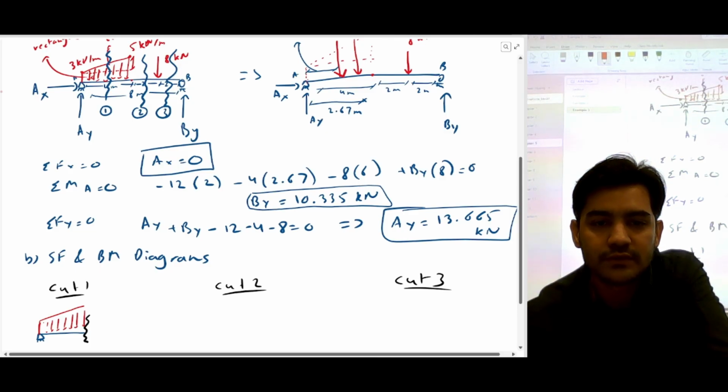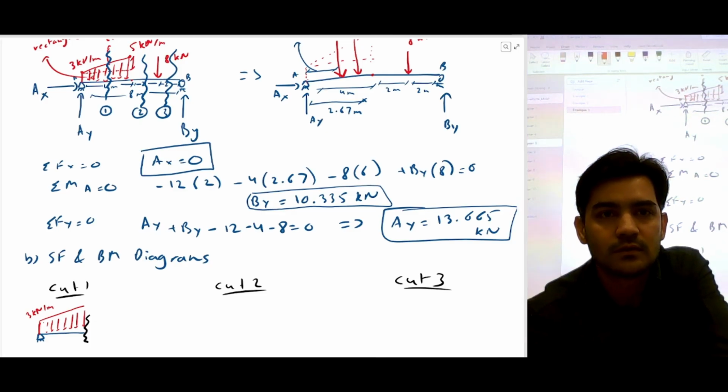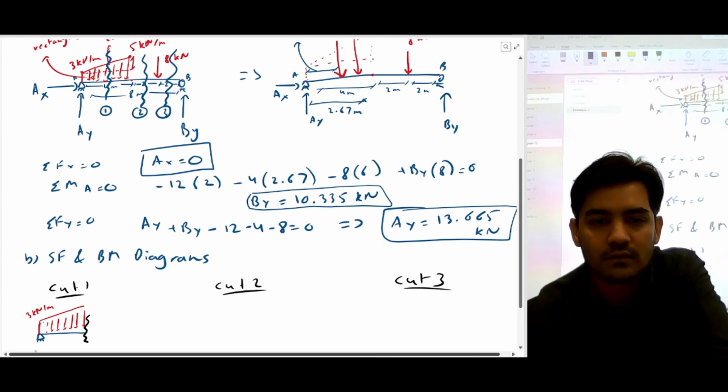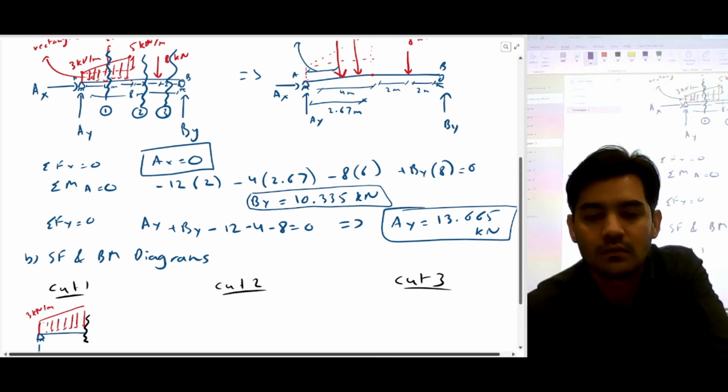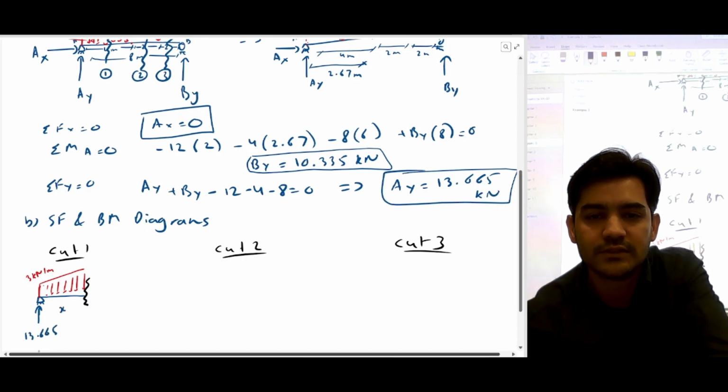This we know is 3 kilonewton per meter. And our load, this we already know, this is 13.665. And this is the distance x.